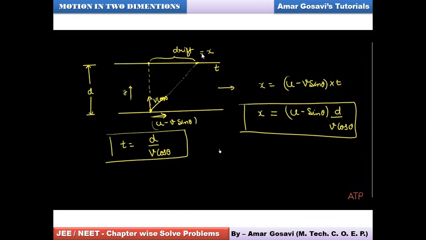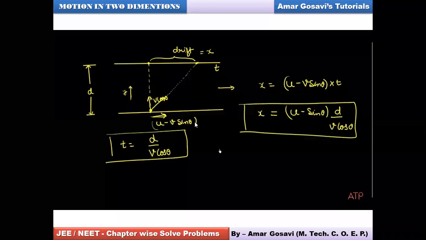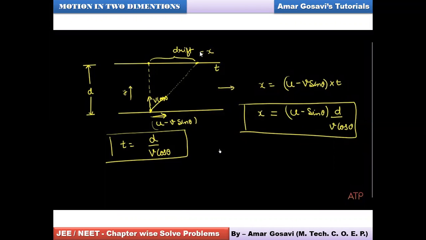Now, if I want the drift, by how much this person drifts from the original position due to the flow of the river because of swimming vertically like this, the drift is along the x-axis, so the resultant speed along the x-axis is u minus v sin theta. This speed has resulted in this drift, and it has happened in time t.